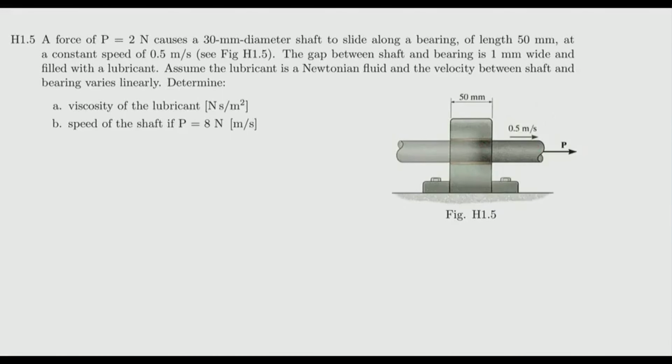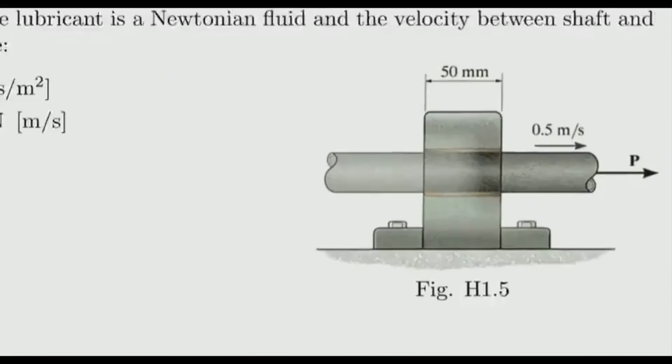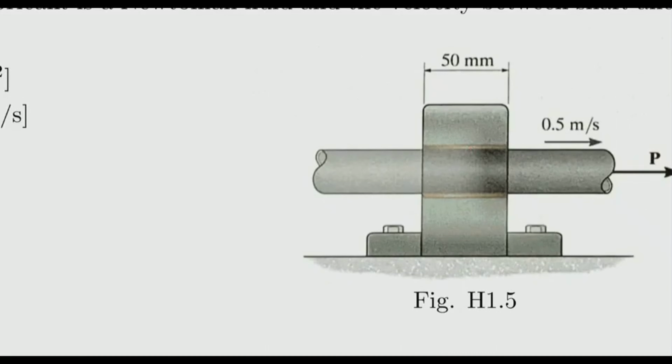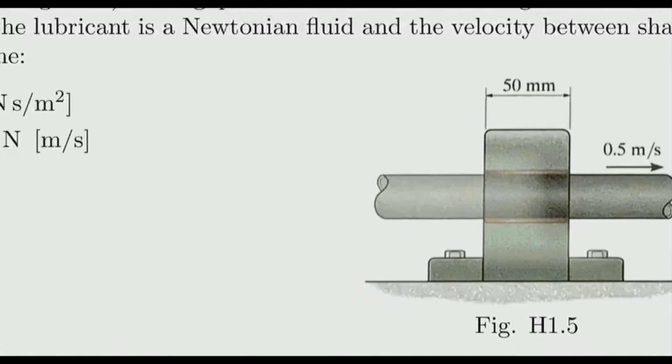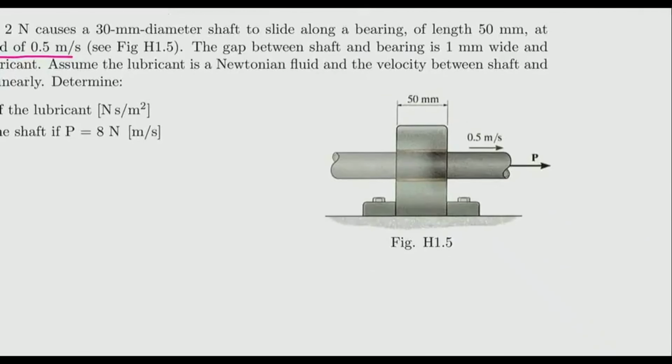And it's pulled through by some imposed force, constant P, and we are given the value of P. The diameter of the shaft is 30 millimeters, and it slides along a bearing of this length at some constant speed. So we have a constant speed of the shaft, and then this gap between the shaft and bearing. There's this small gap, very small.